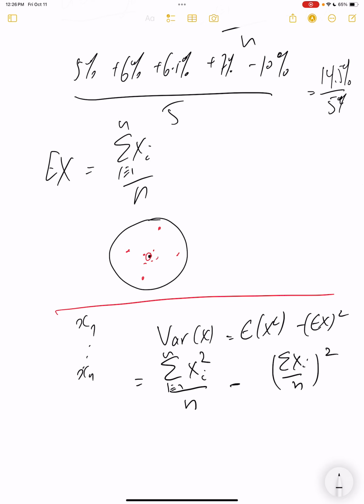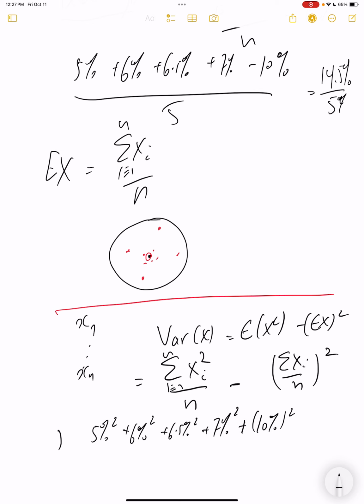So we're going to have 5% squared plus 6% squared plus 6.5% squared plus 7% squared and then plus 10% squared, because minus 10% squared and plus 10% squared are the same, since minus x squared equals x squared.